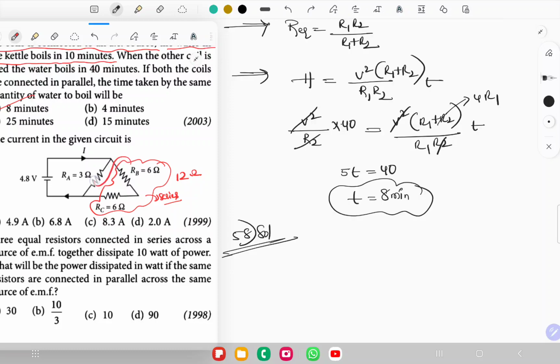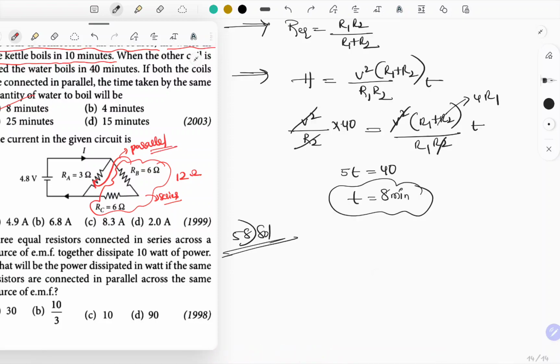This is in parallel with this 3 ohm resistor. So 12 and 3 ohm are connected in parallel. Then R equivalent is equal to 12 into 3 by 12 plus 3. That is 15, which is equal to 2.4 ohms.